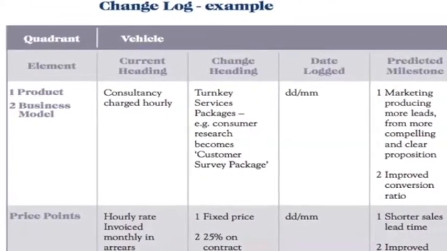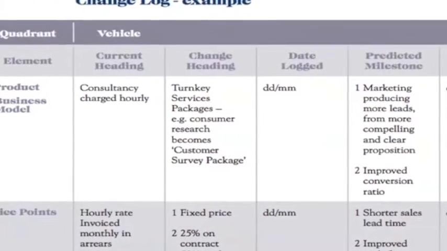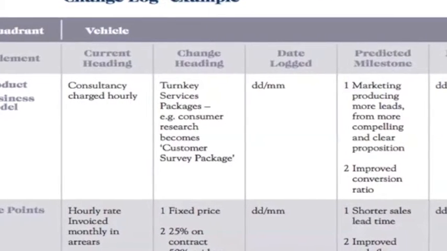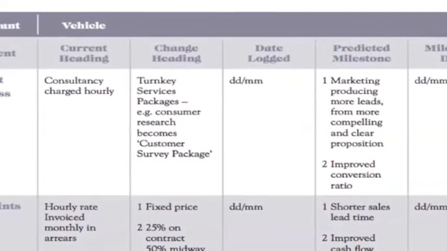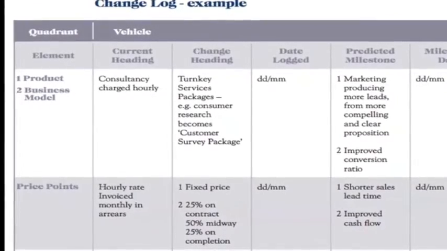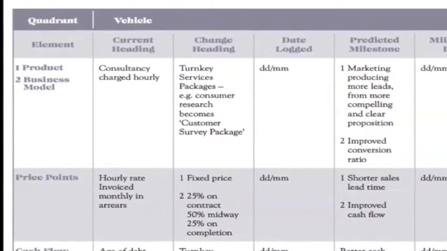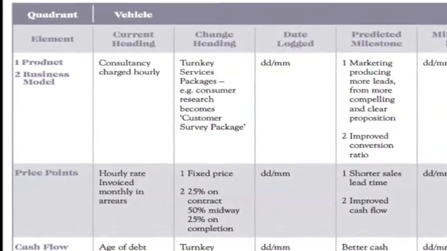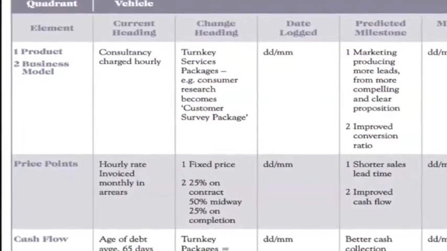Perhaps the best way of explaining it is to describe the example that I've done here. This change log outlines an issue with a company that I've actually worked with in the past. It's a real business, and their business was struggling against the competition. New sales, new clients were increasingly difficult to recruit.